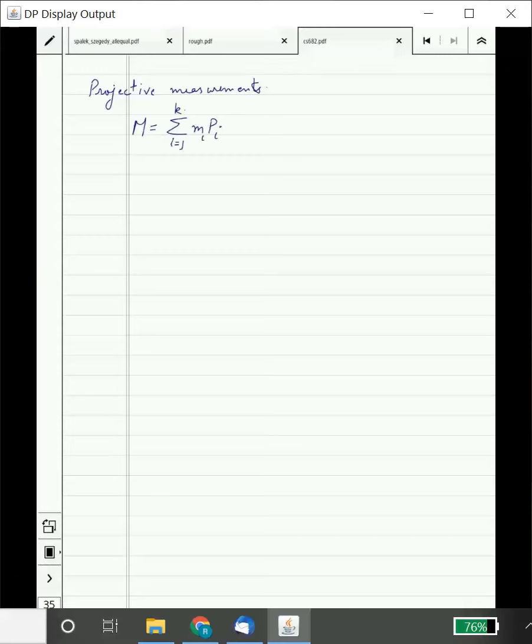This is the label of Pi. I will show the importance, but the important thing is that summation Pi is equal to identity. Succinctly, this describes a measurement.